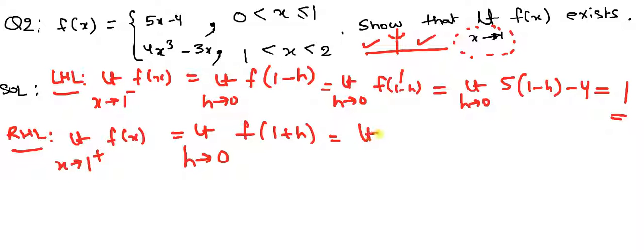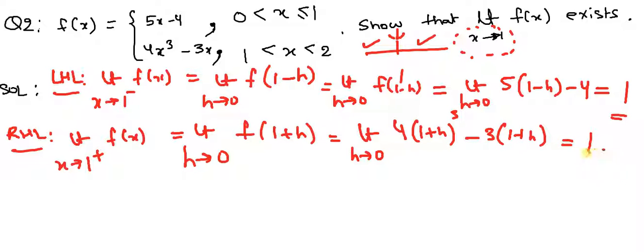So you will write limit h tends to 0, put this value in place of x in this function. You will get 4 times (1 plus h) whole cube minus 3 into (1 plus h). And you can directly put h equals 0 here. We will be getting 4 minus 3, again it will be 1.